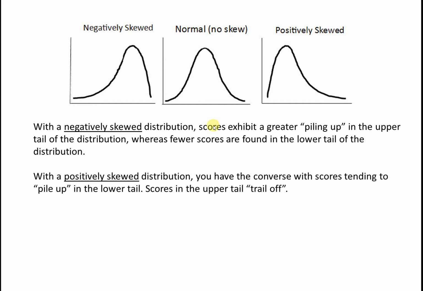With a normal distribution, you would have no skew. In other words, if I created a line right at the center of this distribution, you can see that most of the scores are falling right in the center, and you have equal proportions of scores trailing off in the upper and lower tails. So when we're talking about symmetry, we're talking about what we see on both sides of the middlemost point within the distribution.